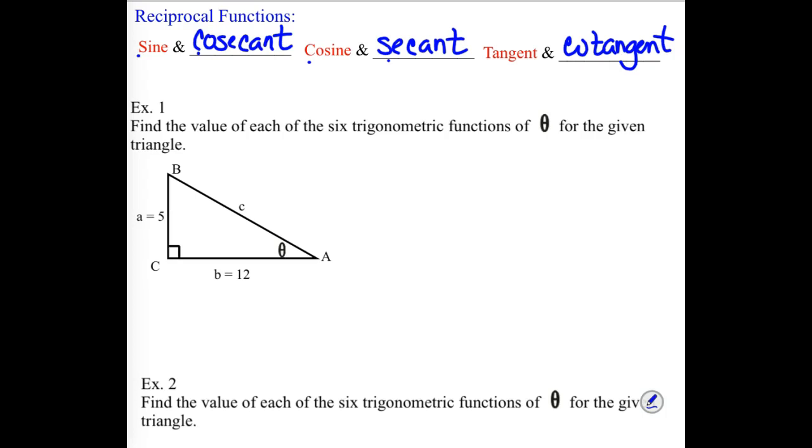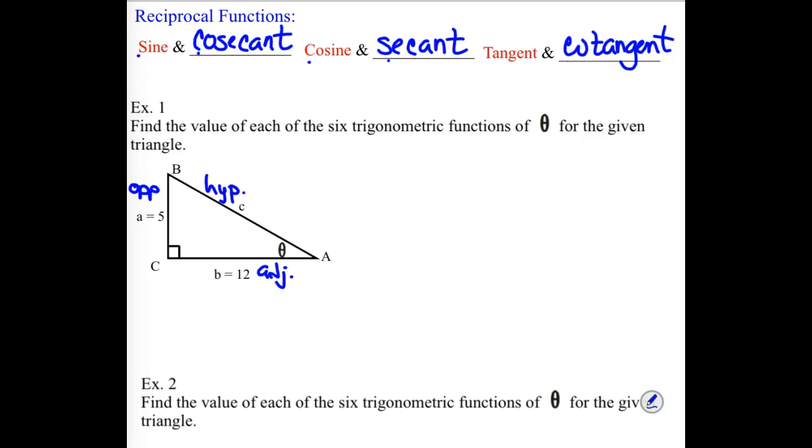And typically the side opposite angle A would be labeled side a. Remember that from geometry? Angles are capital letters, sides are lowercase letters. So side a here is opposite. This one where b is 12 would be adjacent to angle A. And then c is the hypotenuse.